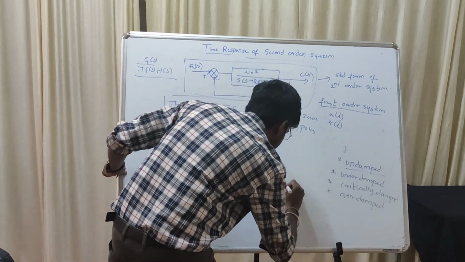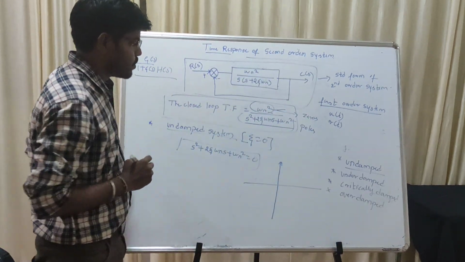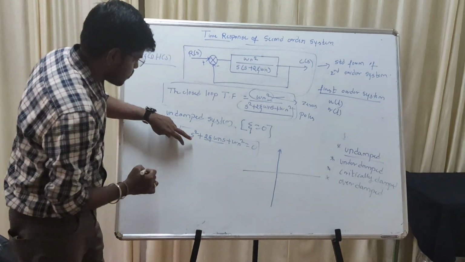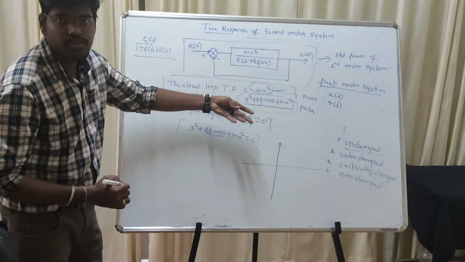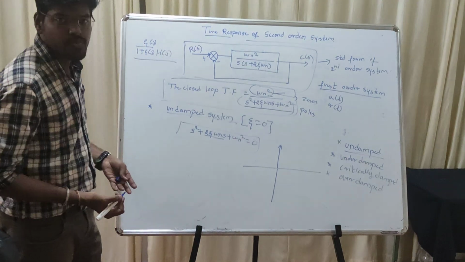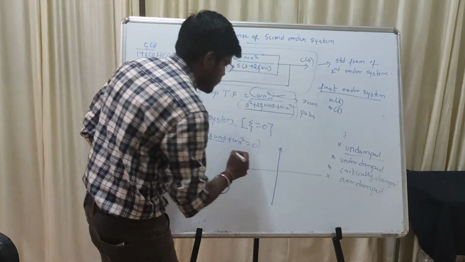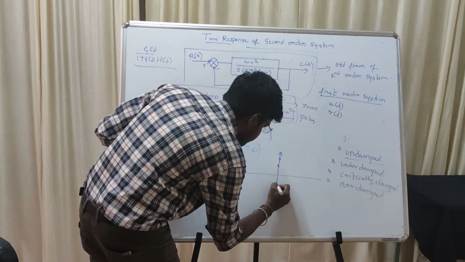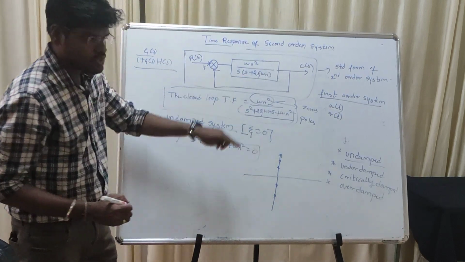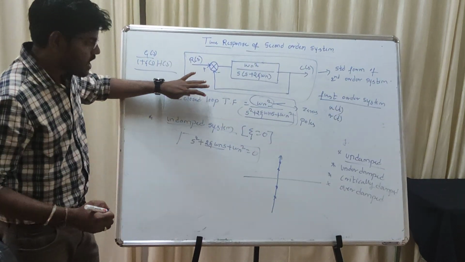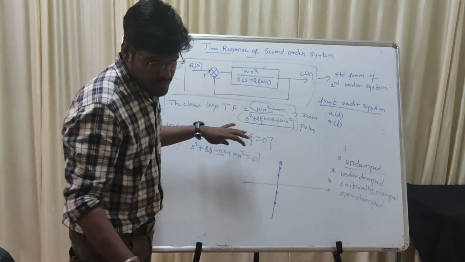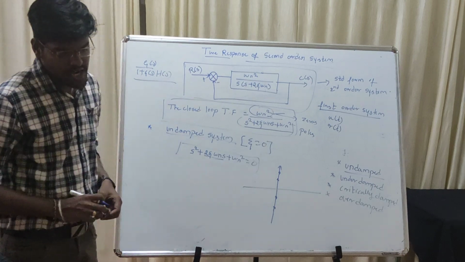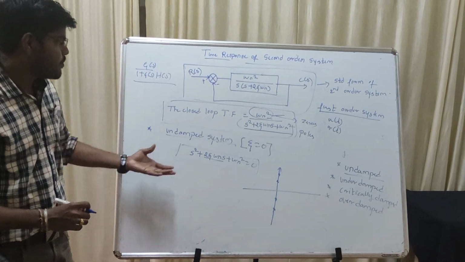Substituting zeta equals 0, this term becomes 0. So we get s square plus omega n square equals 0, so s square equals minus omega n square. The roots of this polynomial equation are purely imaginary and lie on the j omega axis, and the system is called an undamped system.